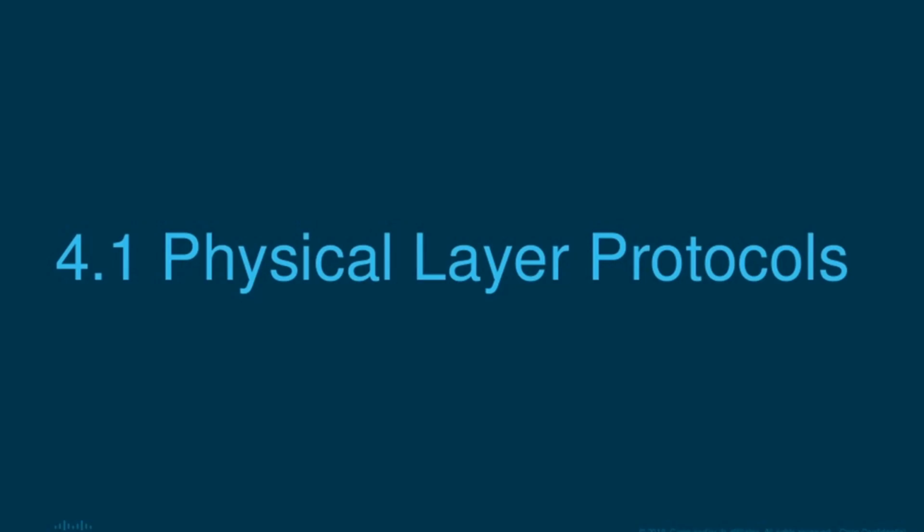First is the physical layer protocol. There's the type of connection. Before network communication can occur, a physical connection to a local network must be established. A physical connection can be a wired connection using a cable or a wireless connection using radio waves.